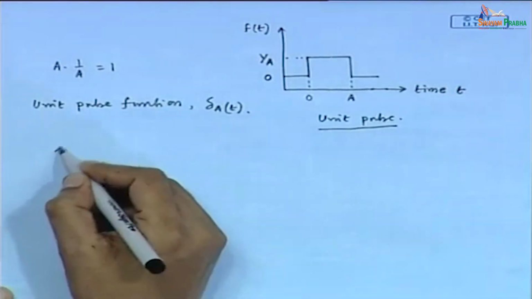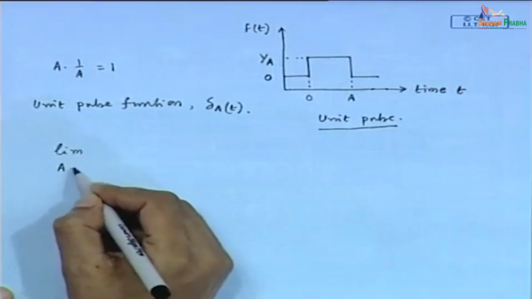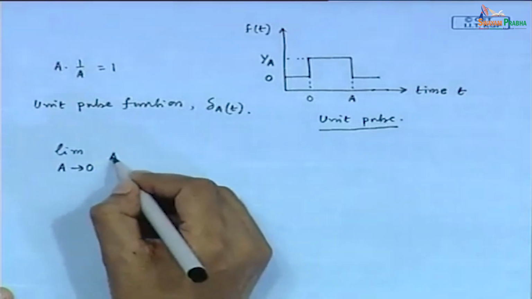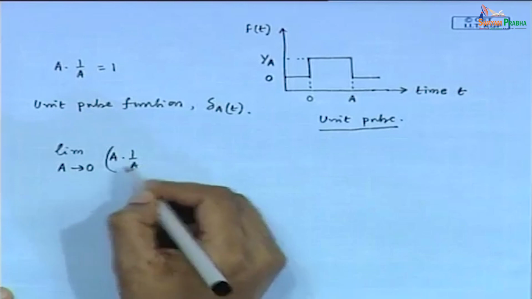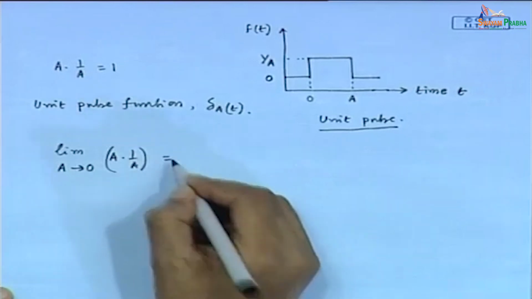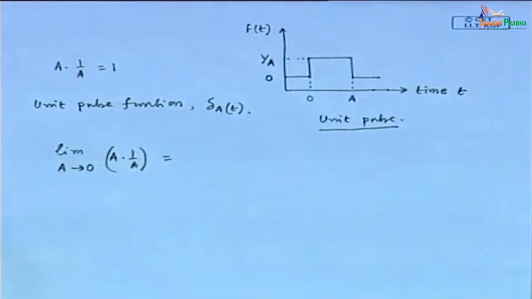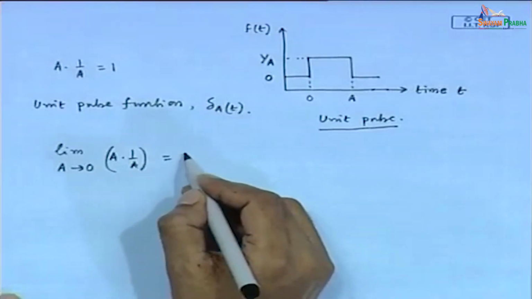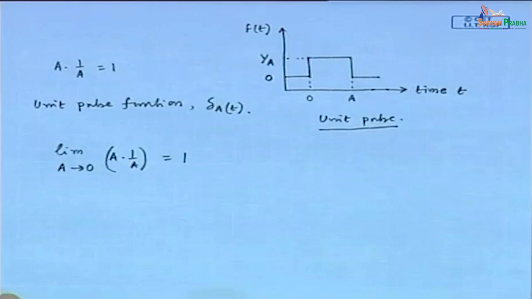Now, we wish to consider limit a tends to 0, a multiplied by 1 by a. How much is this? We are approaching the time 0. So, how much will it be then? 1. How can we represent this situation graphically?